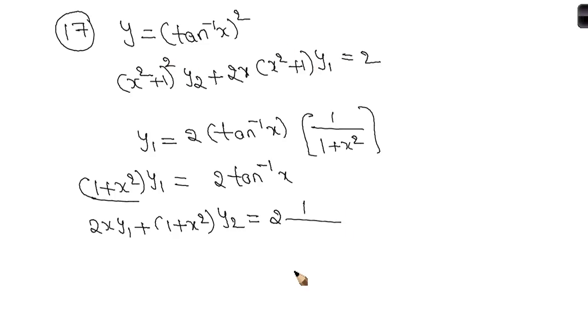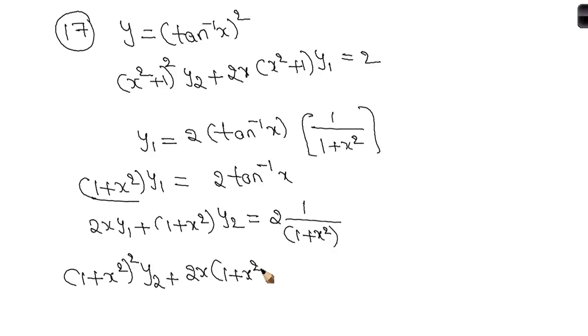So 1 plus x square, you multiply this onto the other side again. So this becomes 1 plus x square whole square y2 plus 2x into 1 plus x square y1 is equal to 2. Hence proved.